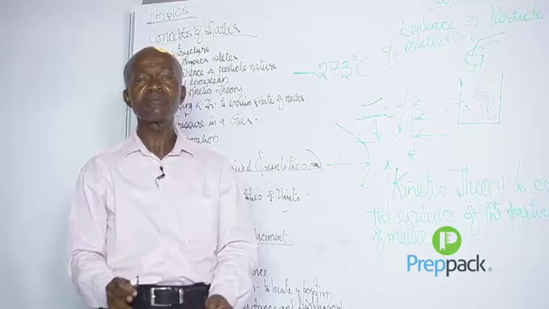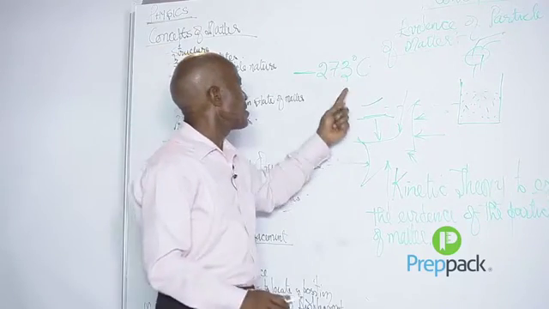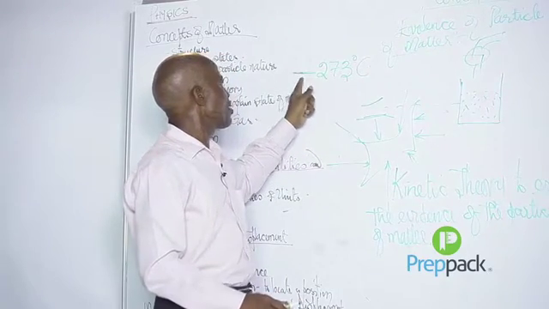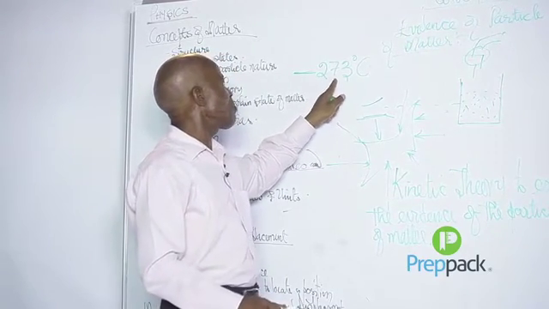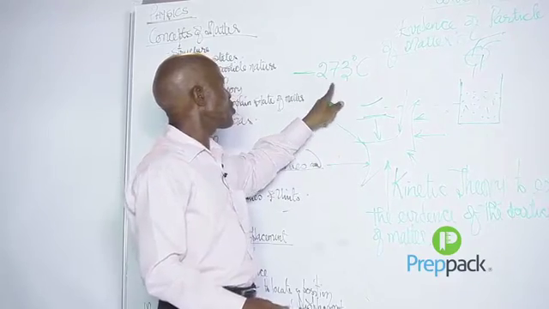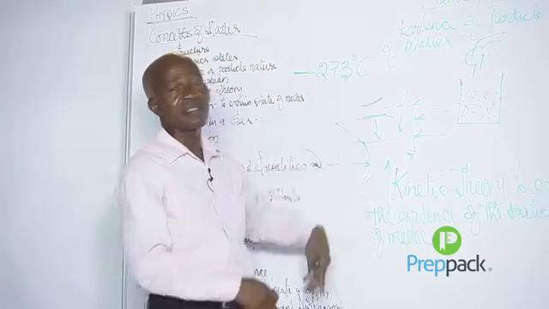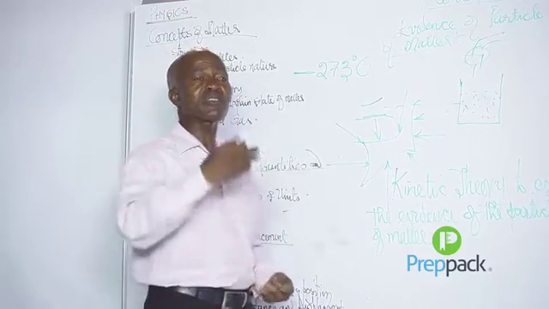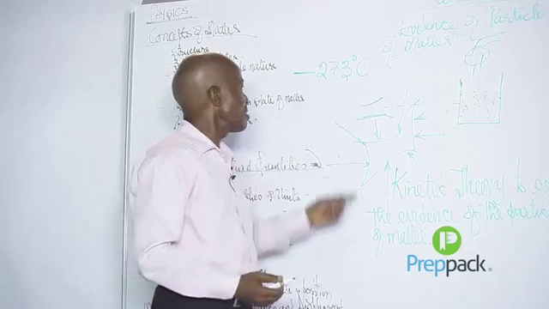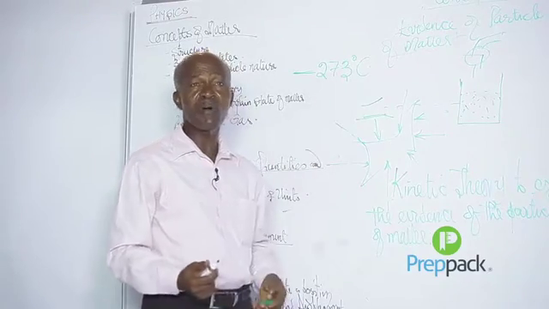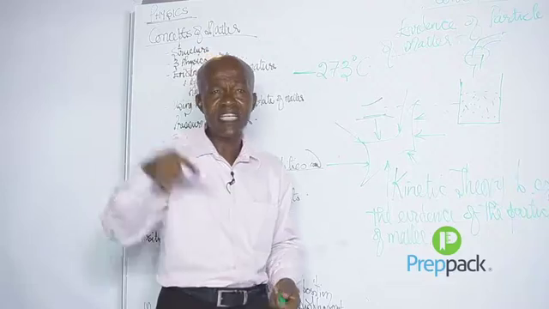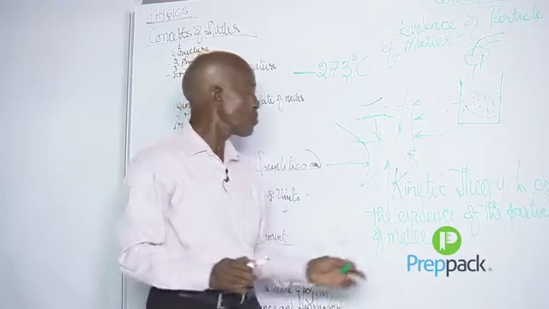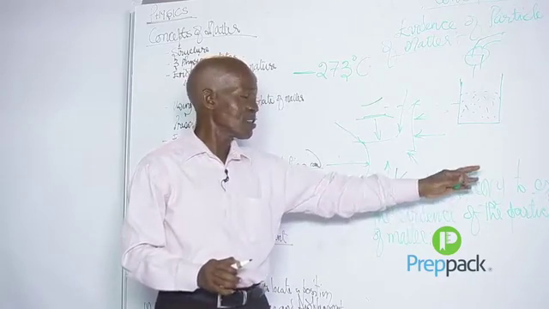And therefore, there will be no motion. But anything above this, anything above minus 273, for example minus 272, minus 271, minus 270, down to 0 degrees Celsius, to 1 degree Celsius, 2 degrees Celsius, the particles will be moving. They will be energetic enough to move. That is what the kinetic theory tells us.